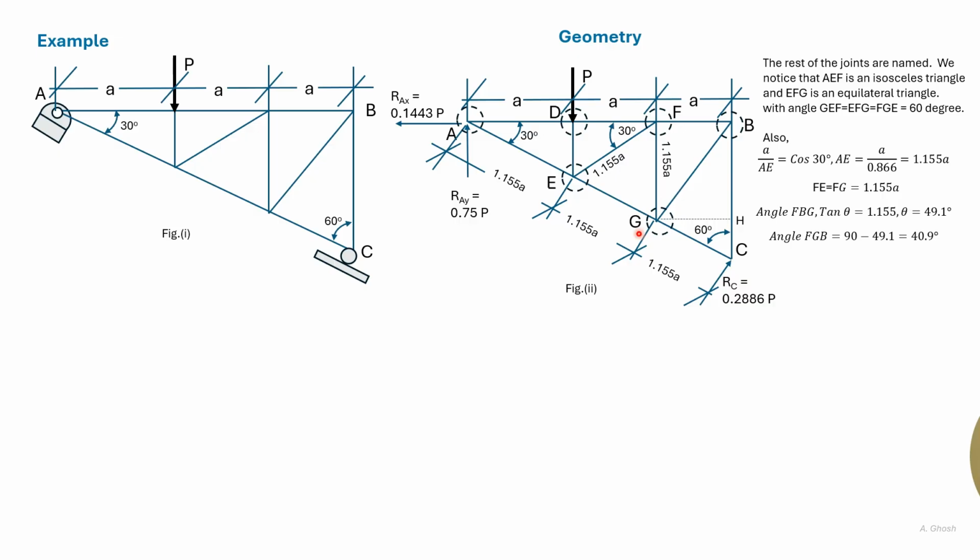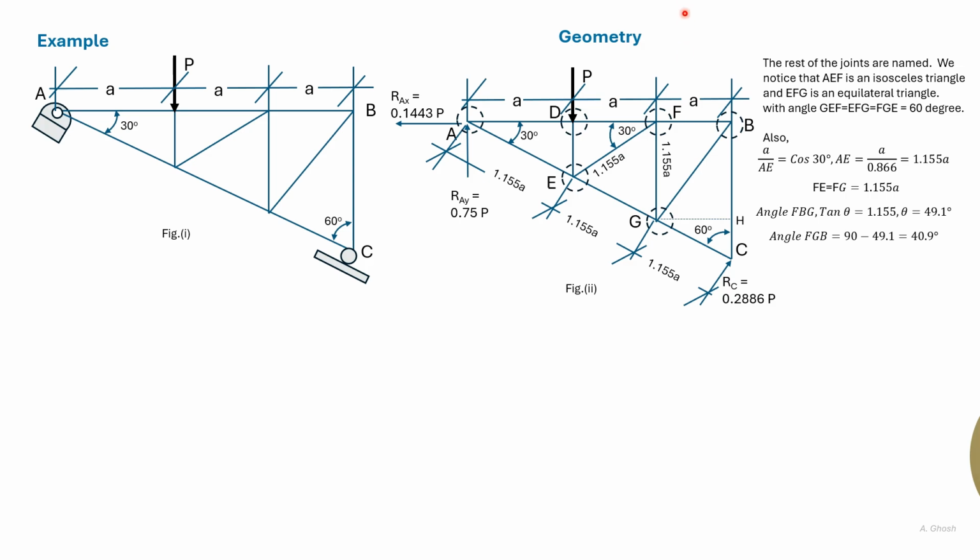Next, we draw a line parallel to FP from G, which cuts BC at H. Then this triangle GHC is equal to the triangle ABE. Both the sides here are A and the angles are the same. So that means that GC would be 1.155A.